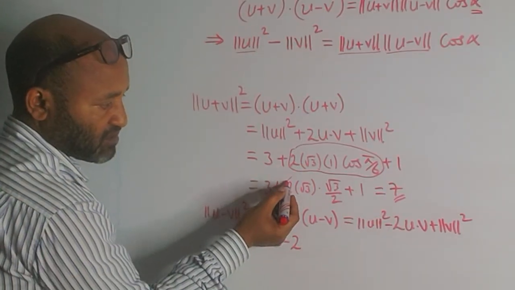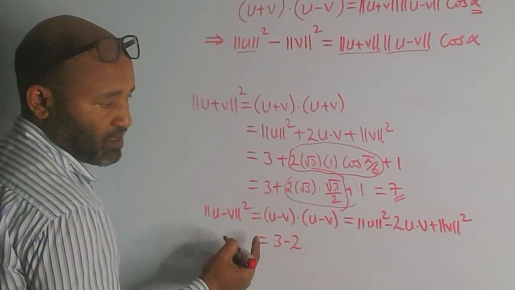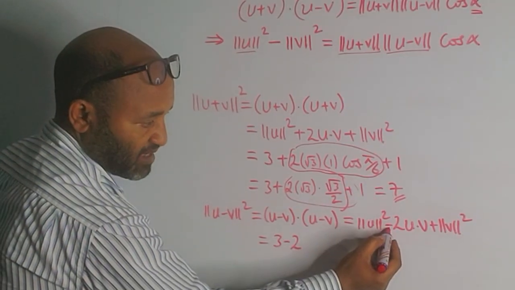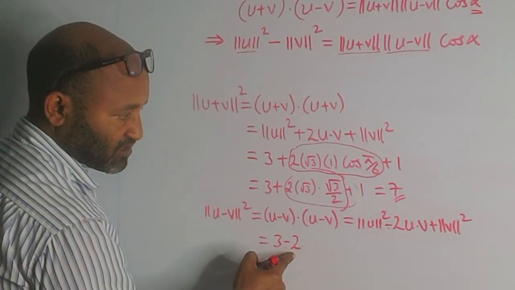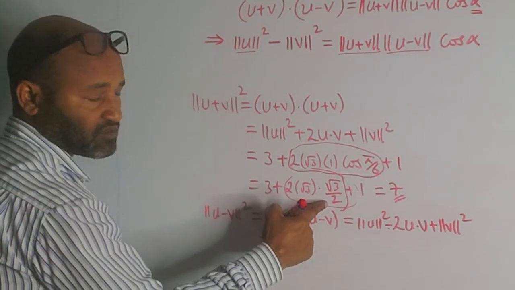What we got? But this is minus. So minus 2 times radical 3 times radical 3 over 2.